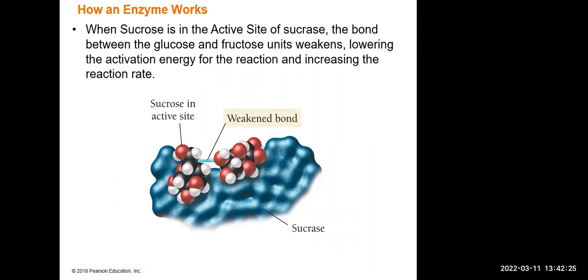Now, how does an enzyme work? That is very interesting to study. When sucrose is in the active site of the sucrase, here the whole larger structure is called sucrase, which is the enzyme.